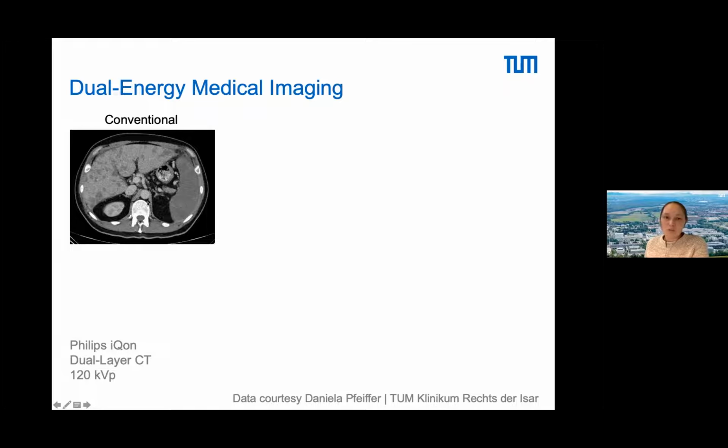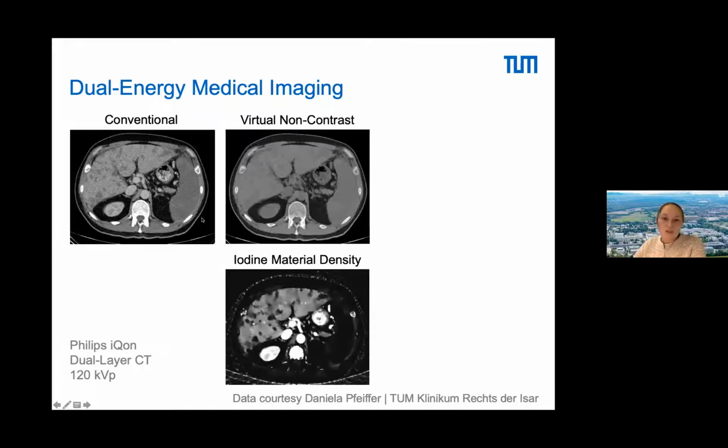What this machine can do now is calculate a so-called virtual non-contrast image. You see this on the top, and at the same time, of course, the iodine map density. And this is just by the ability to distinguish between the contribution of the photo and Compton effect for these 2 different materials, soft tissue and iodine.